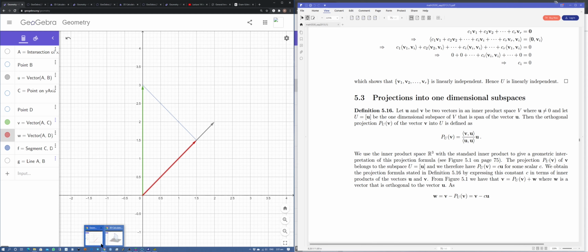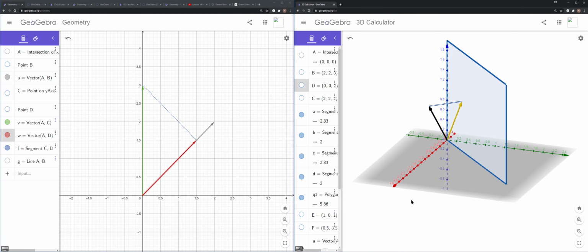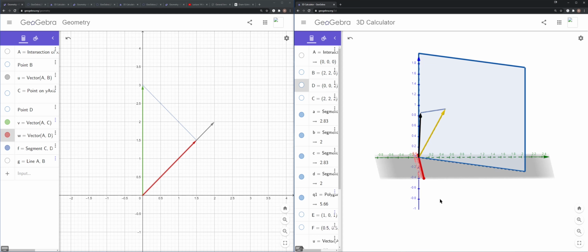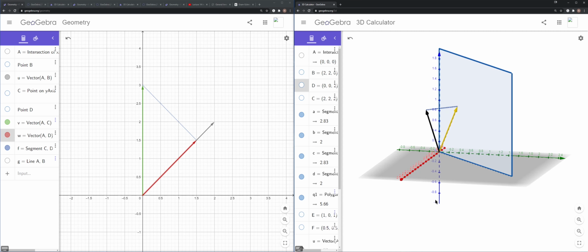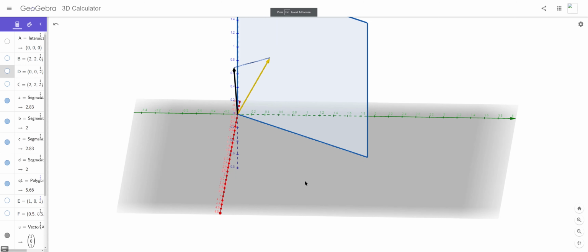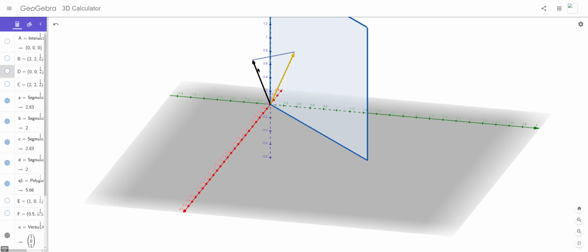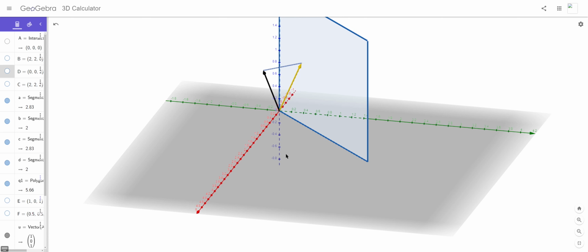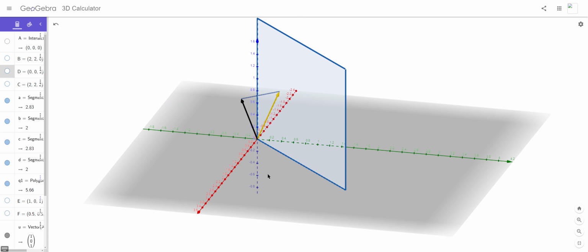If I want to project into a subspace that isn't one-dimensional, for example here, this is a projection of this black vector into this subspace, which is two-dimensional. It may seem like a reflection, but this yellow vector, which is the projection, is actually lying in the subspace.